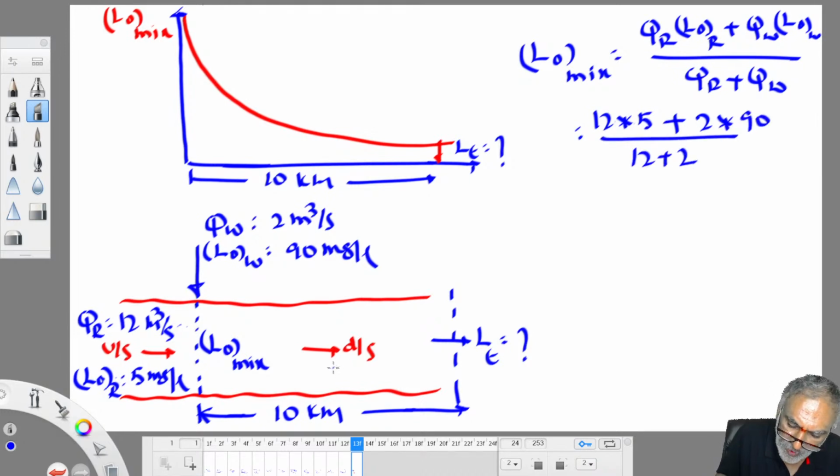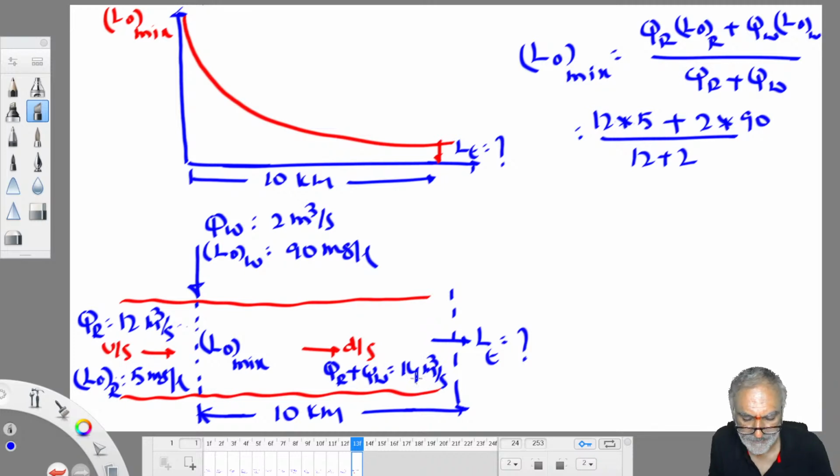Where is 12 plus 2 flowing? On the downstream side. This is QR plus QW. This is 14 meter cube per second. That is flowing on the downstream side. Okay? On the downstream side flow is 14 meter cube per second.